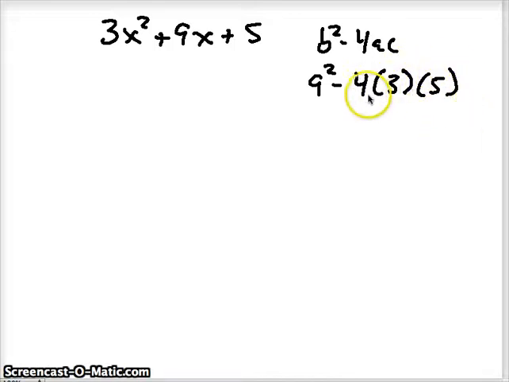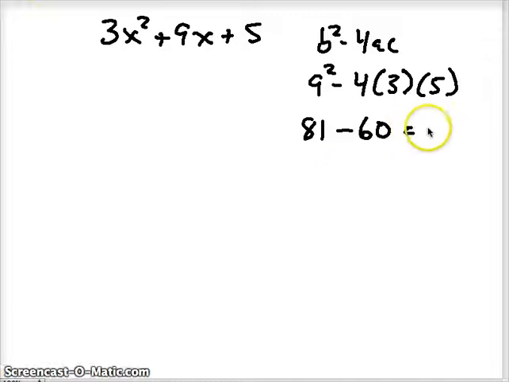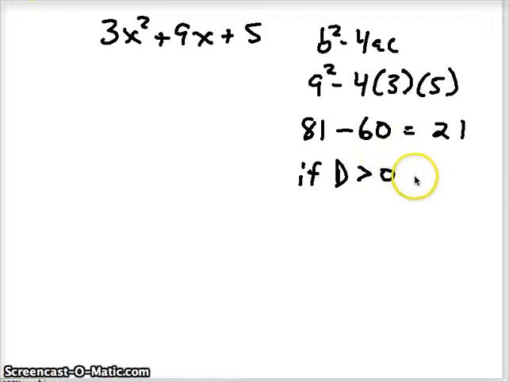That's 15 times 4, 15 times negative 4 really. So that's negative 60. 9 squared is 81. 81 minus 60 turns out to be 21, right? Well, that's a positive number. So if the discriminant is greater than 0, meaning if it's positive, then we get 2 real solutions. Let's see if that's true.